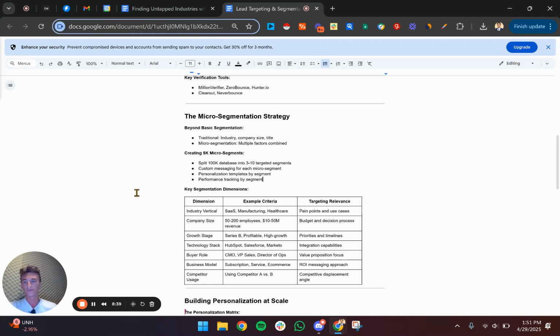So if you know that maybe you're looking for companies that are using or have a form to fill out on their website, right? You're probably not going to find that on Apollo. You're not going to find that in a larger database. That's something that you're actually going to have to research on each lead at scale using AI.